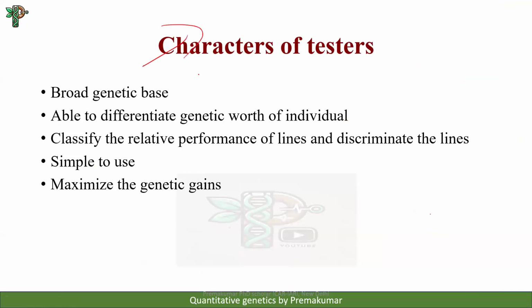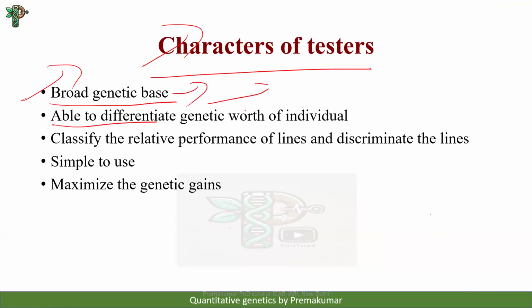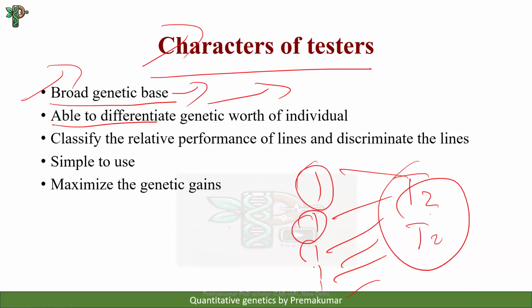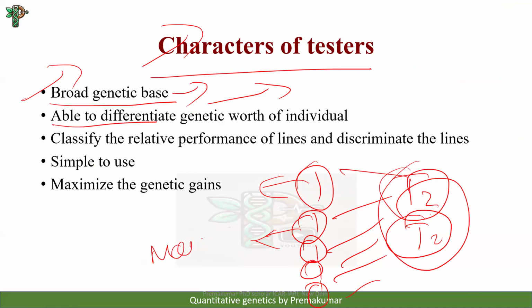What are the different characters of testers? Here, the tester should have a broad genetic base and be able to differentiate the genetic worth of individuals. For example, you are selecting four individuals with two testers. Your tester should be able to discriminate these individuals, means it is able to assess the genetic worth of these individuals. After selection, for example, if selecting this particular individual based on these testers, you should maximize the genetic gains.